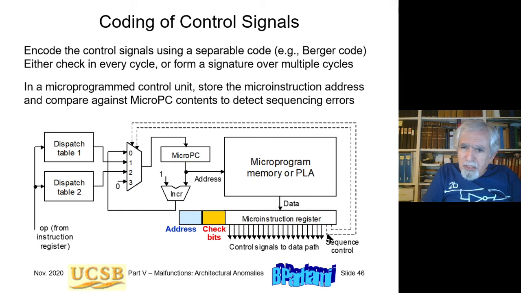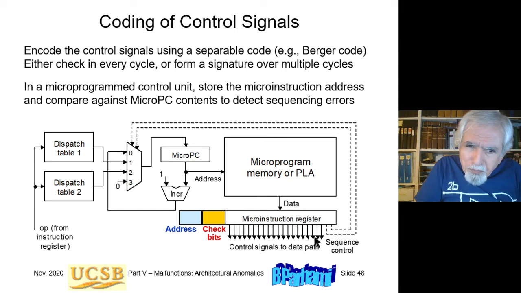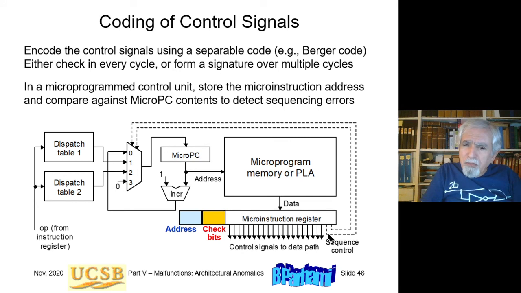It also contains a field, in this example 2 bits, that indicates which micro instruction should be fetched next. So one micro instruction is fetched. It controls the system for one clock cycle, and then it also determines the next micro instruction.